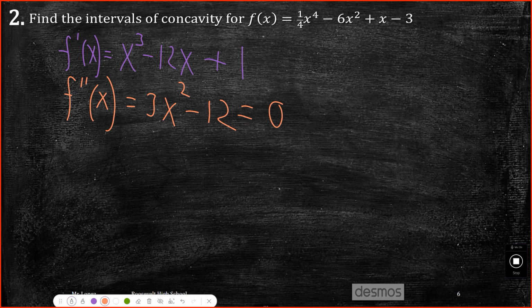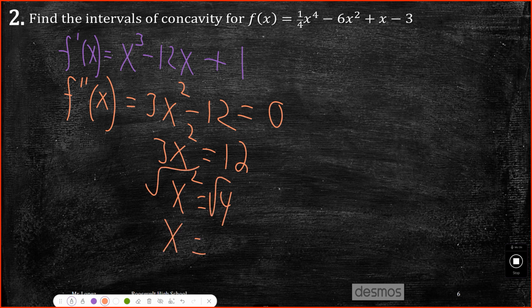Then we're going to do what? Move the 12 to the other side. So it's going to be what? Plus or minus 2?